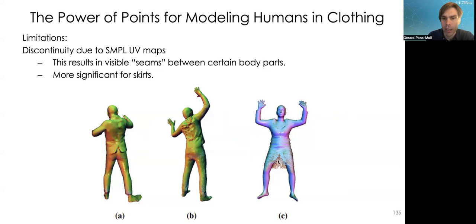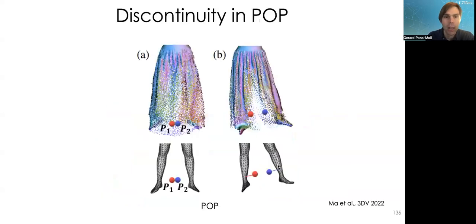You might have this type of artifact. For example, one problem is that if you have two points attached to the left leg and the right leg, when you're doing skinning and the legs get separated, these points get separated, the points get a bit sparser, and the results look not so great. This is a problem of displacement fields. If you have a displacement field from the body, you will have this sort of artifact.